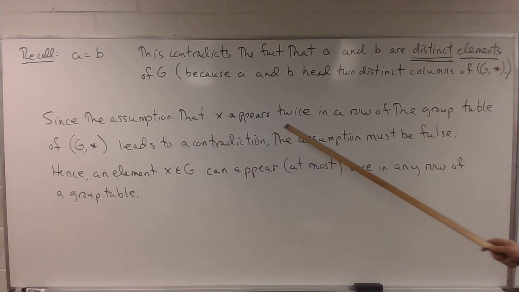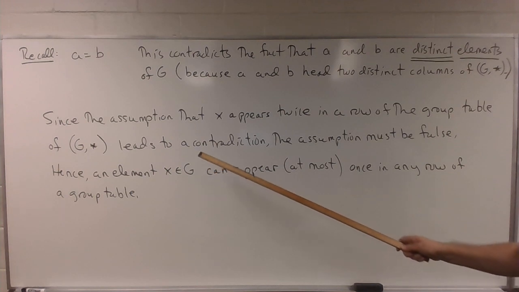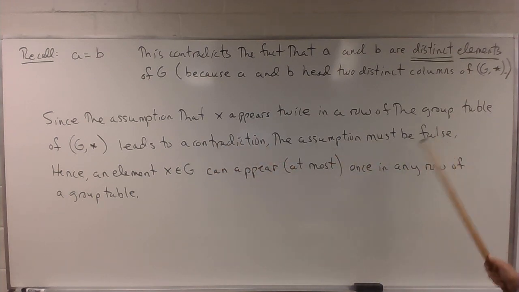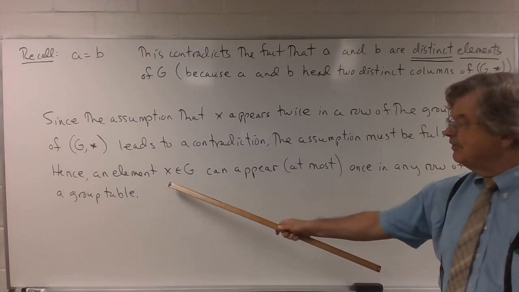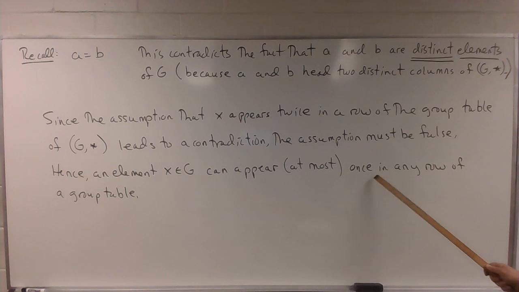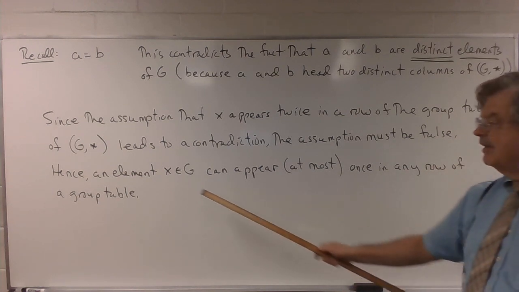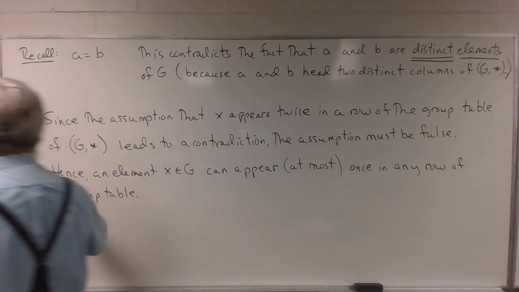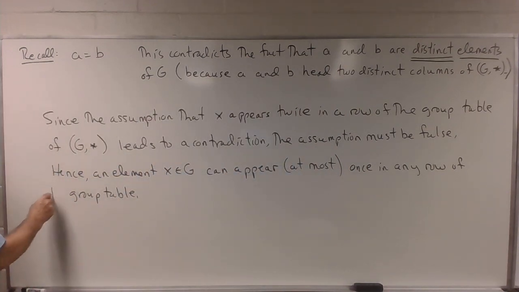Since the assumption that X appears twice in a row of the group table leads to a contradiction, the assumption must be false. Hence, an element X of G can appear at most once in any row of the group table. There we go.